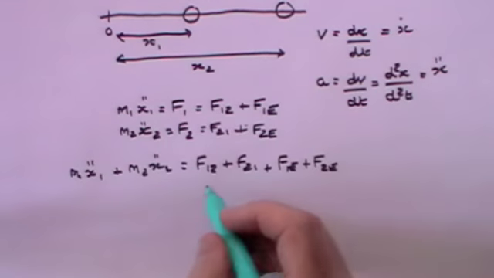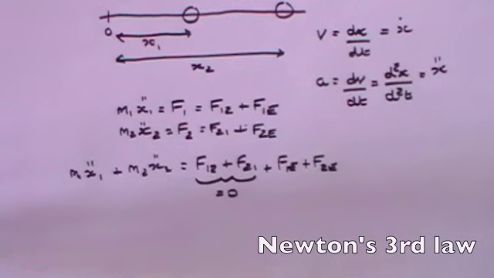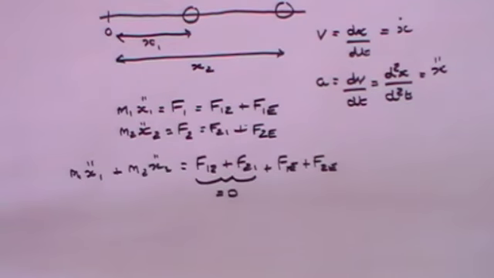And the reason I did that is because these 2 cancel out. They equal 0. The force on one by the other is equal to the opposite of the force by the other on the one. That's Newton's third law. To every action there's an equal and opposite reaction. The force by 1 on 2 is equal to minus the force by 2 on 1.